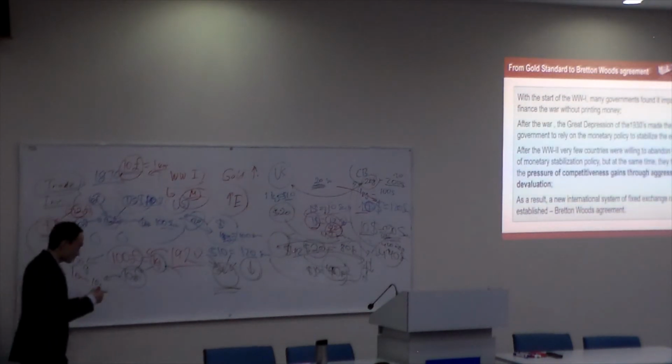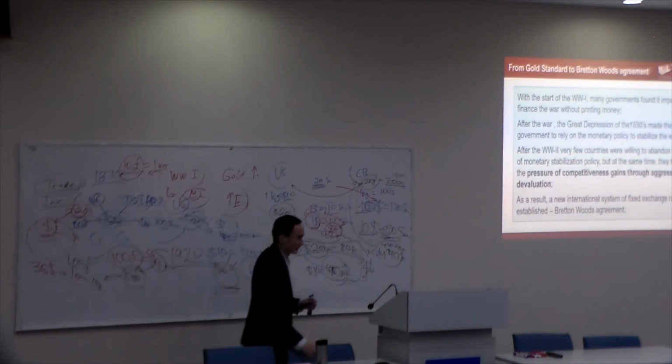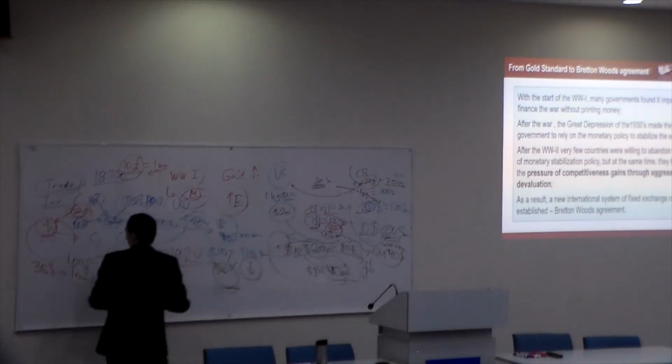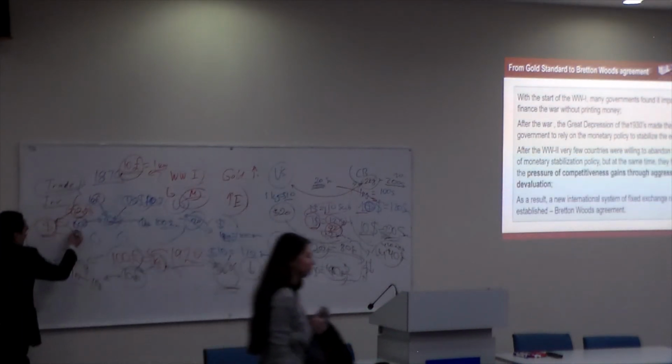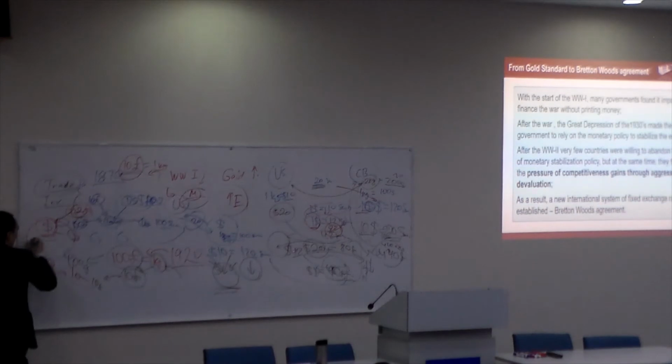Okay? But among those member countries, there were strong economies like the US, and there were some other European countries, or Japan as well, very weak countries too.